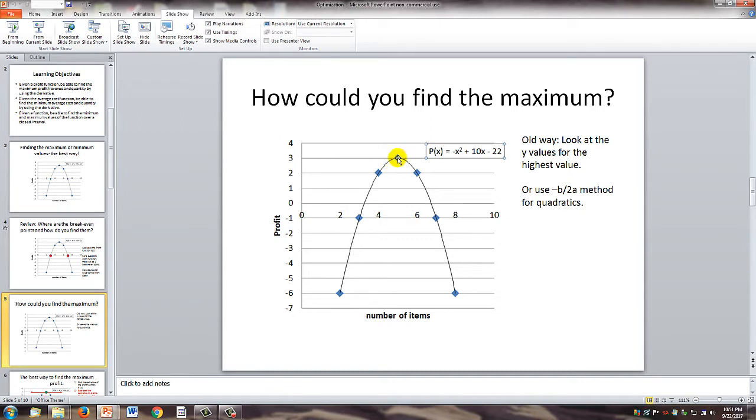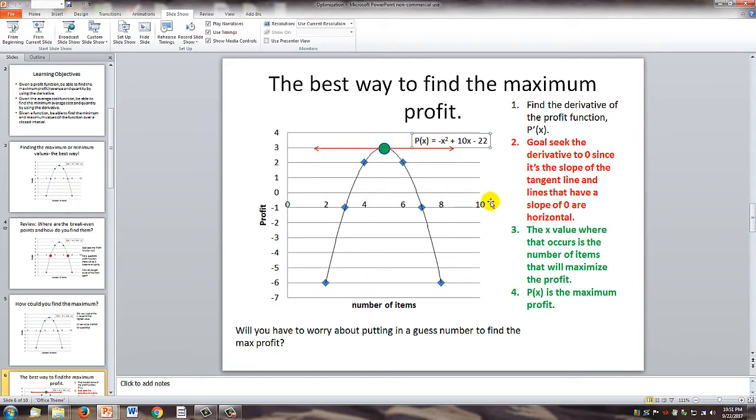And now the other thing we're going to do is find the maximum, and this is the best way and the way that you'll use from now on. The old way was to look at the y values for the highest value or use negative b over 2a. But now we're going to understand that the derivative of a function gives you the slope of a tangent line at any point.